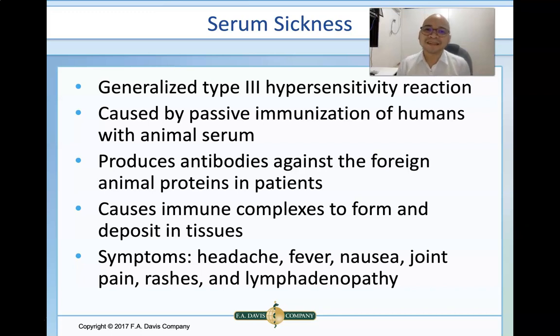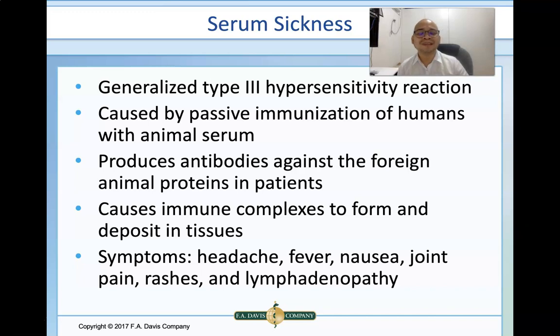So here, can you just imagine, we will be receiving antibodies coming from horse serum. Horse, humans, not the same species. So we produce antibodies against the foreign animal proteins in patients, which means that since you are not a horse, you're human.